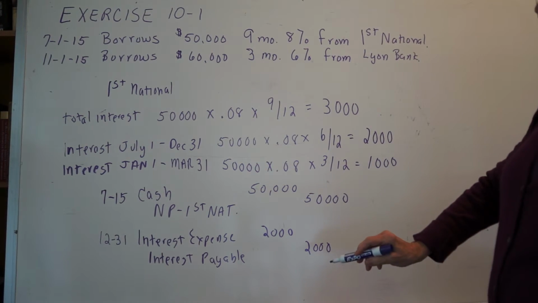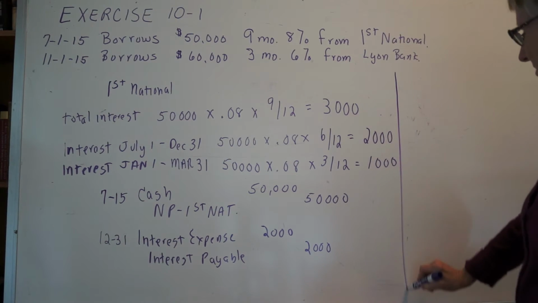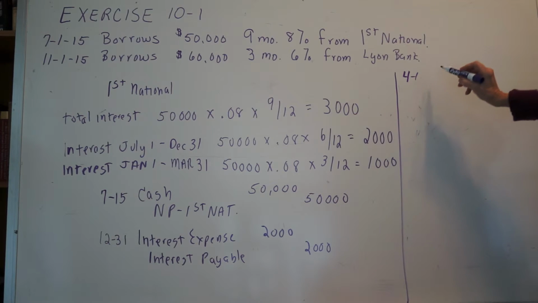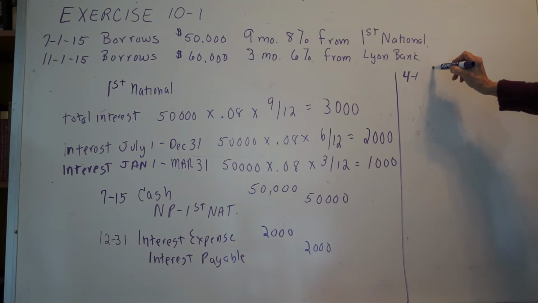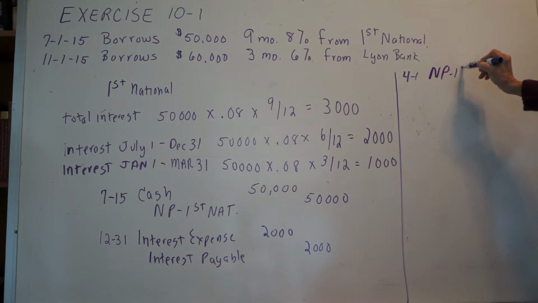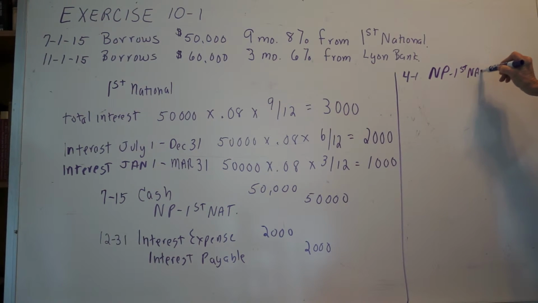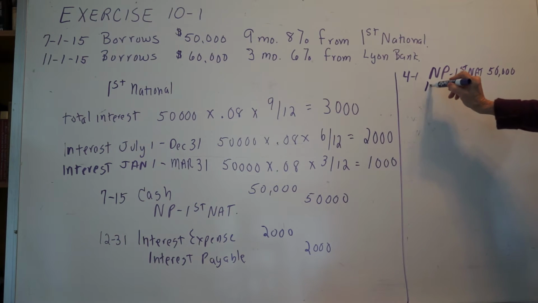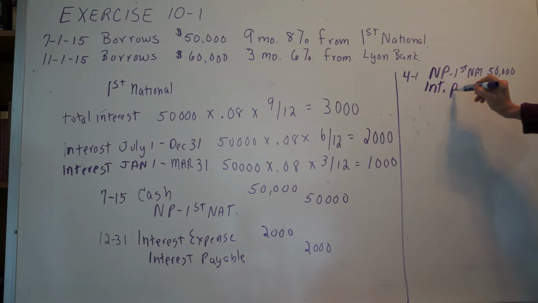Then we come over to the new year in April when we pay off the whole note. We would pay off the entire note payable to First National for the $50,000. We have to pay off the interest payable that we accrued in December, so interest payable would be the $2,000.